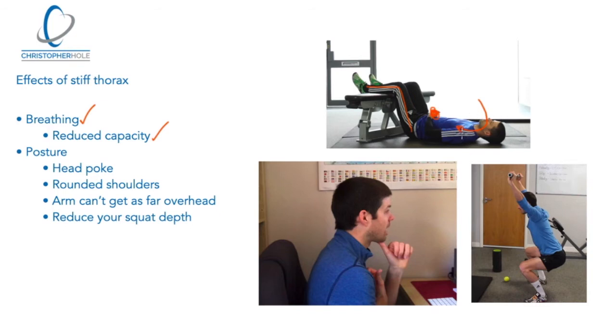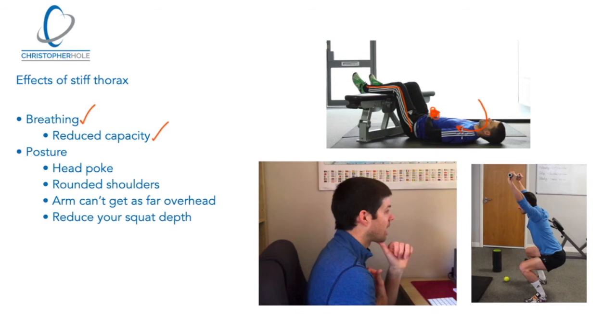Now if those joints aren't moving effectively, it's going to affect how well they can expand, and then that in some respects is going to reduce the capacity, in so much as there isn't as much room for the diaphragm and the rib cage to suck air in, because that is essentially what is happening. It's more of a vacuum. So when your chest cavity expands, automatically air is sucked into the body.